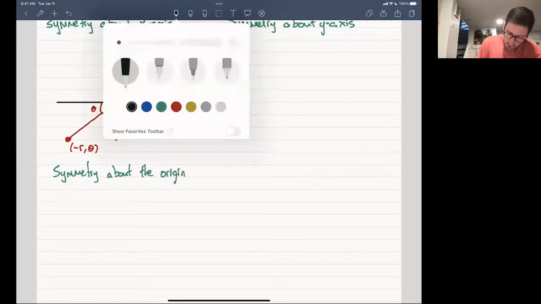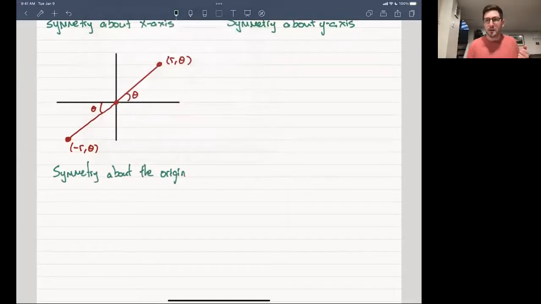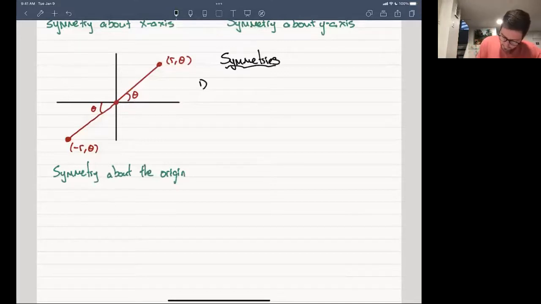Okay, so this is akin to an odd symmetry that you would see in terms of even and odd functions. So let's summarize this. Since we are going to be interested in plotting curves, symmetries make things a little easier to plot because it reduces what we have to look at. So let's say the symmetry about the x-axis.